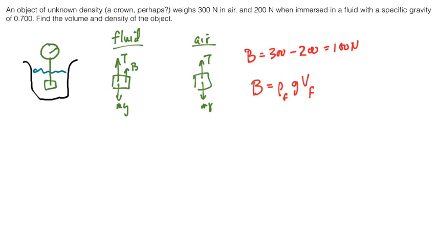What would the relationship be between the volume of the object and the volume of the fluid? The volume of the fluid displaced would be how much of the volume of the object? 0.4 of the volume of the object.